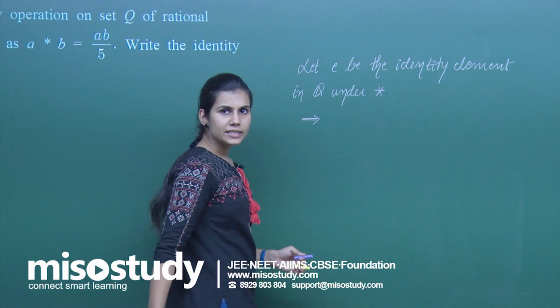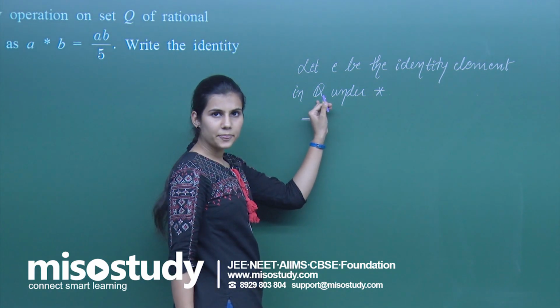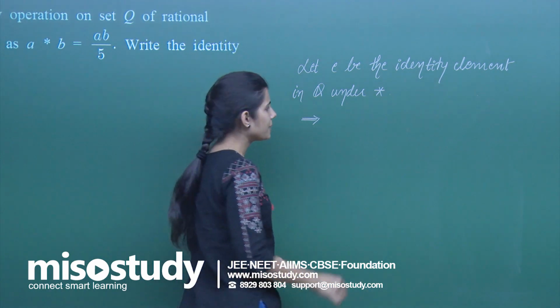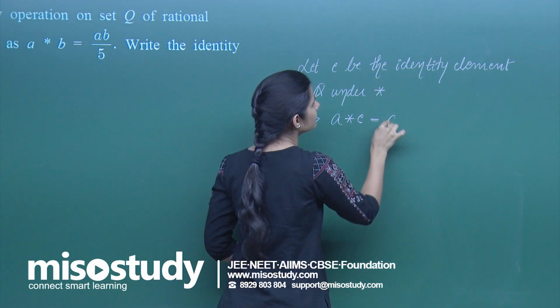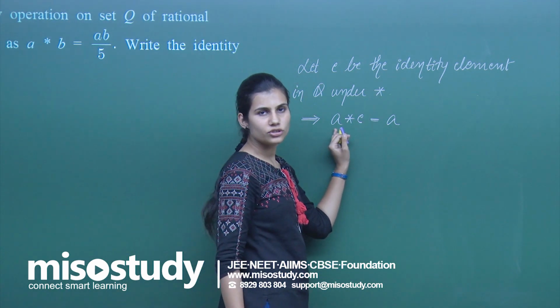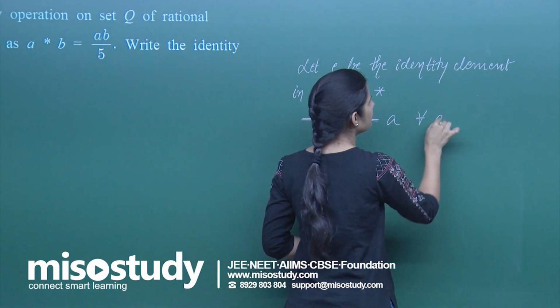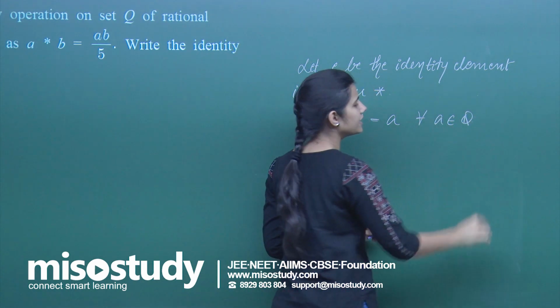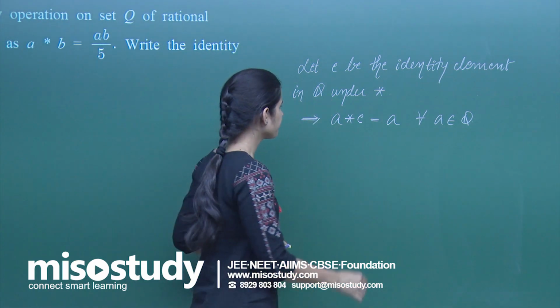What is the role of the identity element? To not change the identity of any particular rational number inside this set under star. That means any rational number when operated with this element e does not get affected. The identity of any element does not change when it is operated with the identity element, and this is true for every rational number, because right now the set in concern for us is the set of rationals.